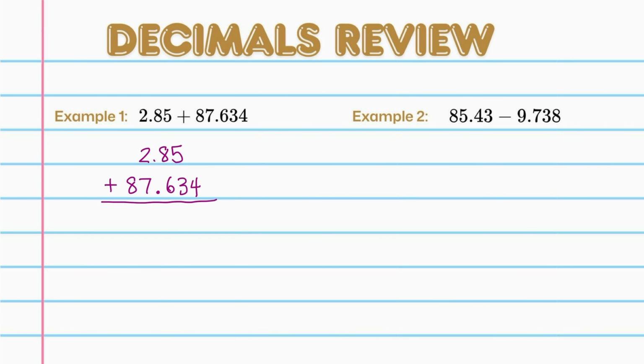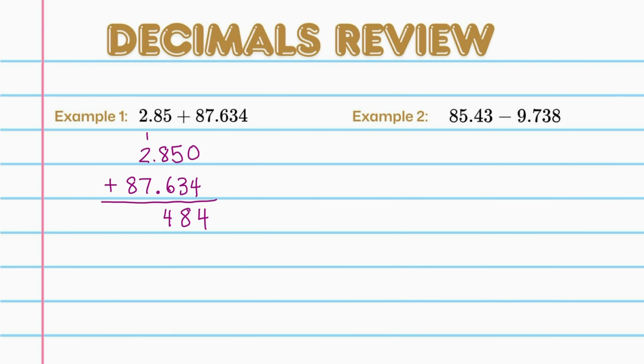We see we have more decimal places here, so we need to add a little 0 there just so we can balance it out. Now, as we're adding, we got 0 plus 4, which is 4, 5 plus 3, which is 8. We have 8 plus 6, which is 14.